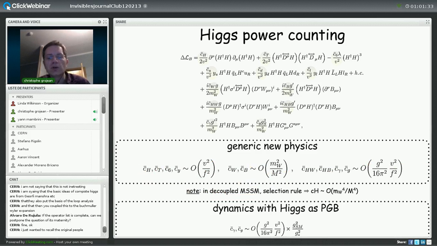So we have identified this particular scaling of the various operators, and in addition to this power counting, you could have some specific selection rules.